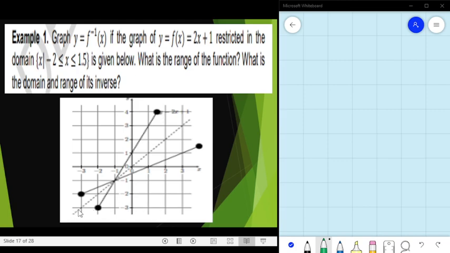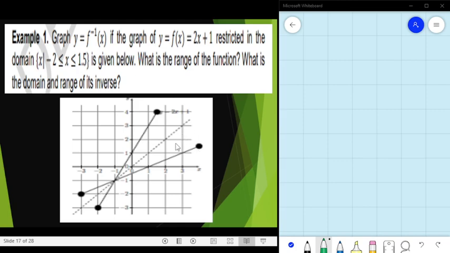We are going to draw a broken line representing y equals x, the line through 1, 1, 2, 2, 3, 3 and so on. Draw it using a broken line, and then plot your inverse. The graph of the inverse of the function is just a mirror of the original f of x, reflected over the line y equals x.